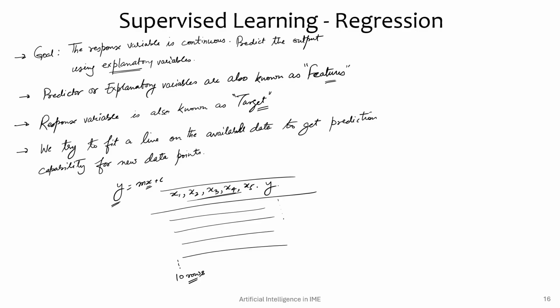As a simple example, regression is this: let us say you have a single x and a single y, so for each x you have a y. Let us randomly point out a few historical data points here.